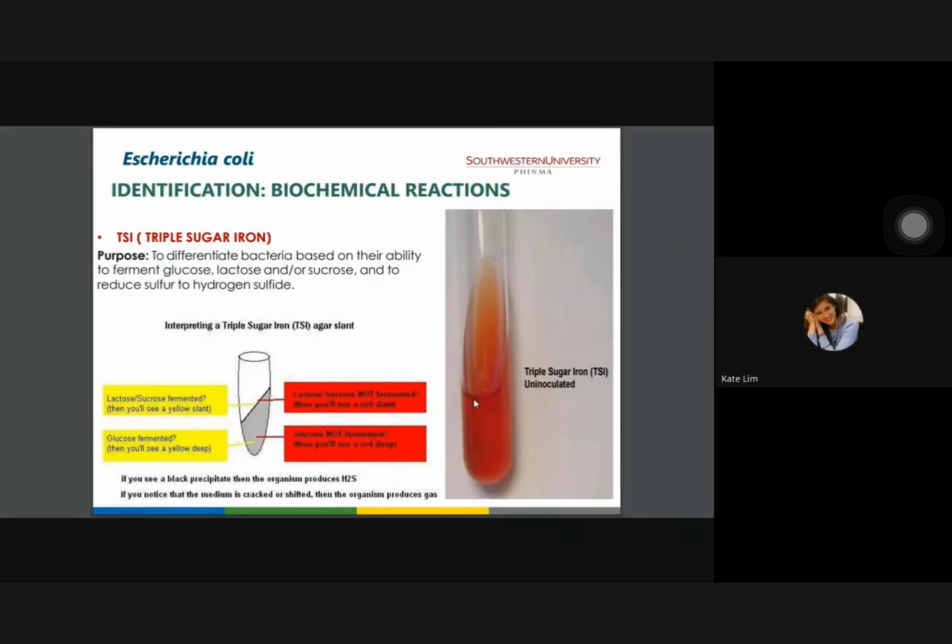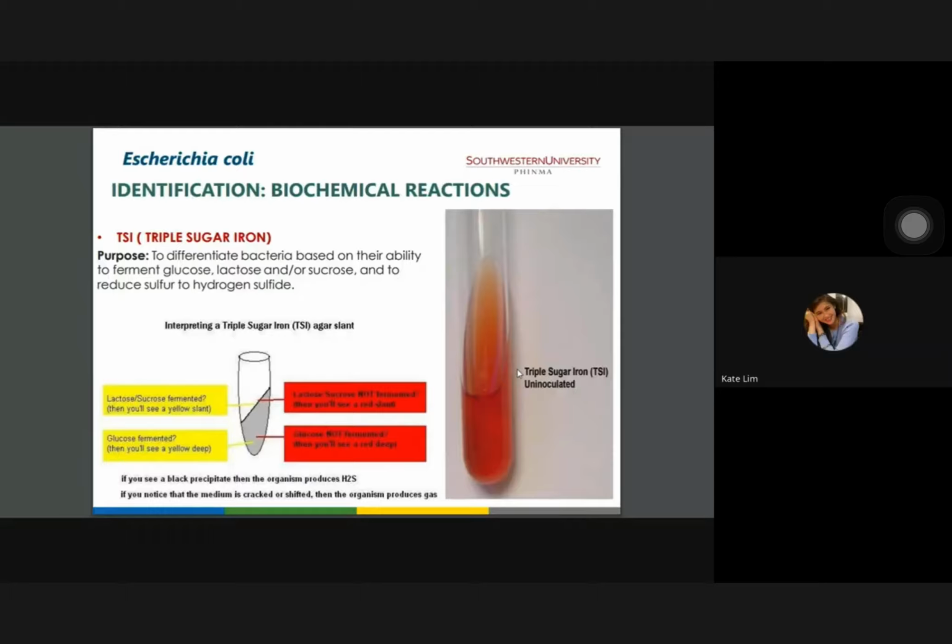Number two, in the butt, you could see the fermentation of the glucose. Again, lactose and sucrose in the slant, but glucose in the butt. Okay, so we have already established that.